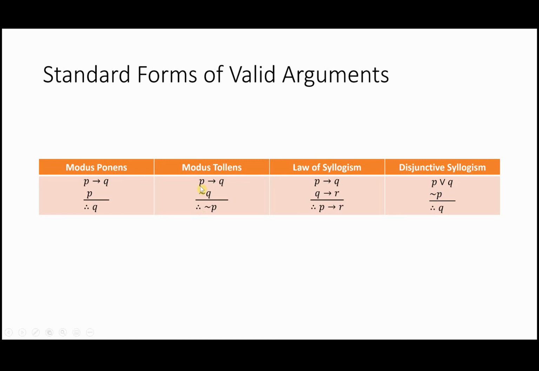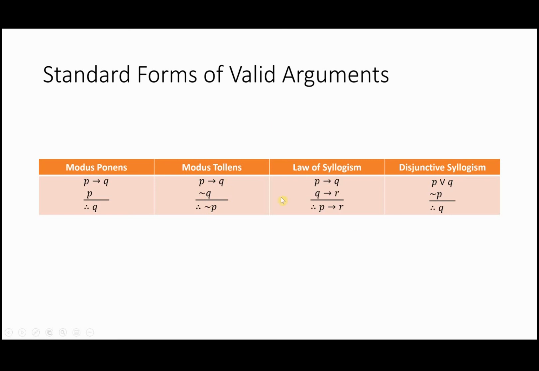So modus tollens is like, okay, I'm going to initialize a conditional statement, and then combining the initialization of the negation of the consequent, and then assuming that the negation of the antecedent should follow, is more or less an implementation of the contrapositive. So it's like the contrapositive being recognized as logically equivalent to a conditional statement. That's what makes modus tollens work.